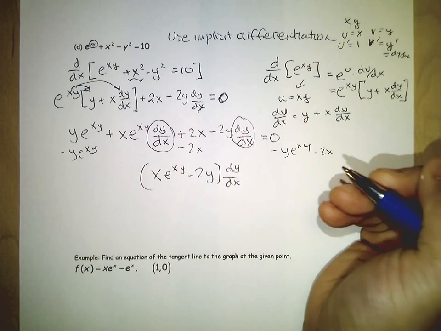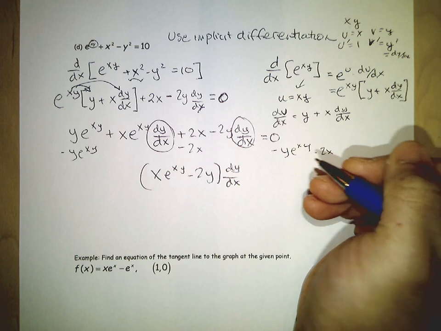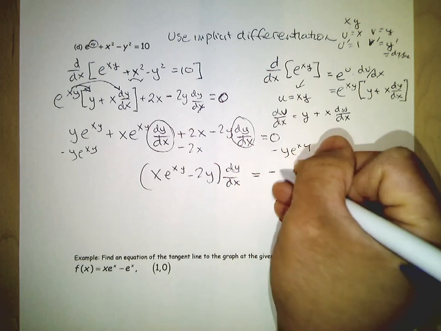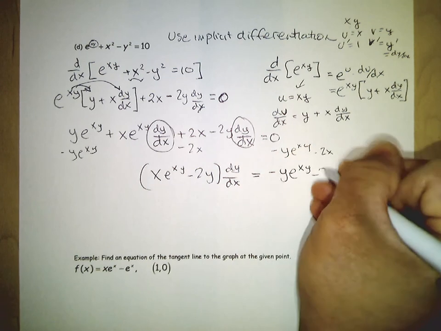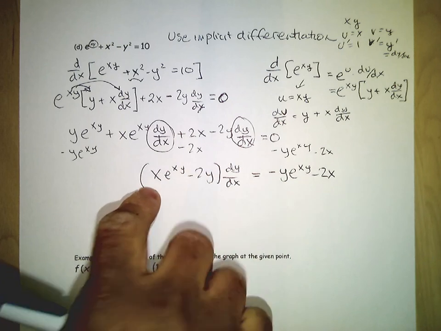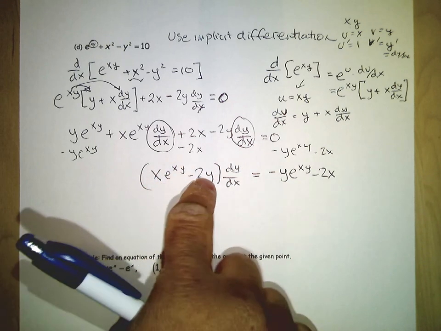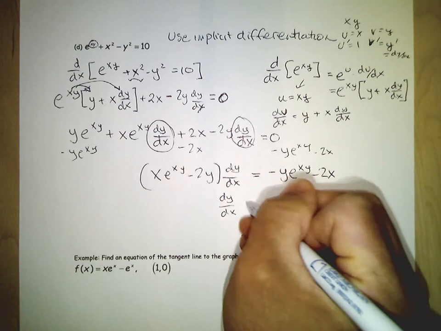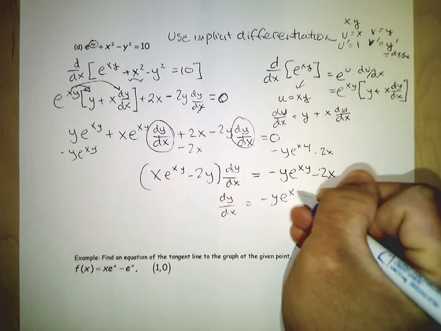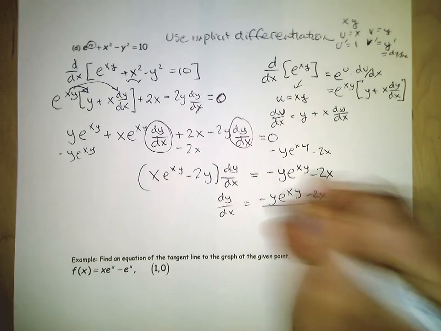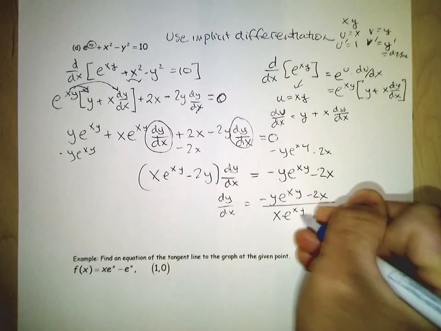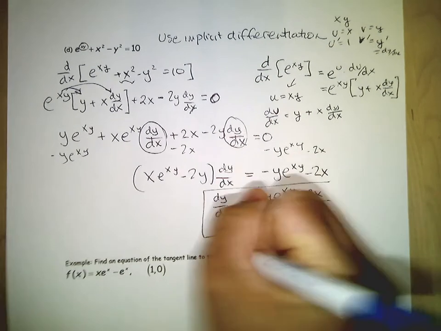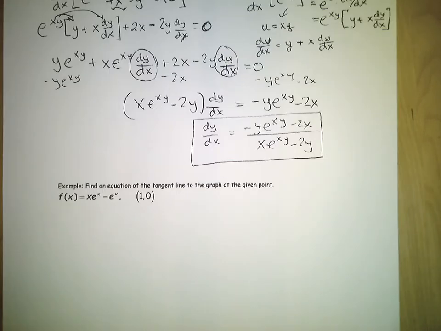We can factor out the dy/dx, and that will be equal to negative y e to the xy minus 2x, then divide by x e to the xy minus 2y on each side to get dy/dx. So dy/dx is negative y e to the xy minus 2x all over x e to the xy minus 2y. What a time to be alive.